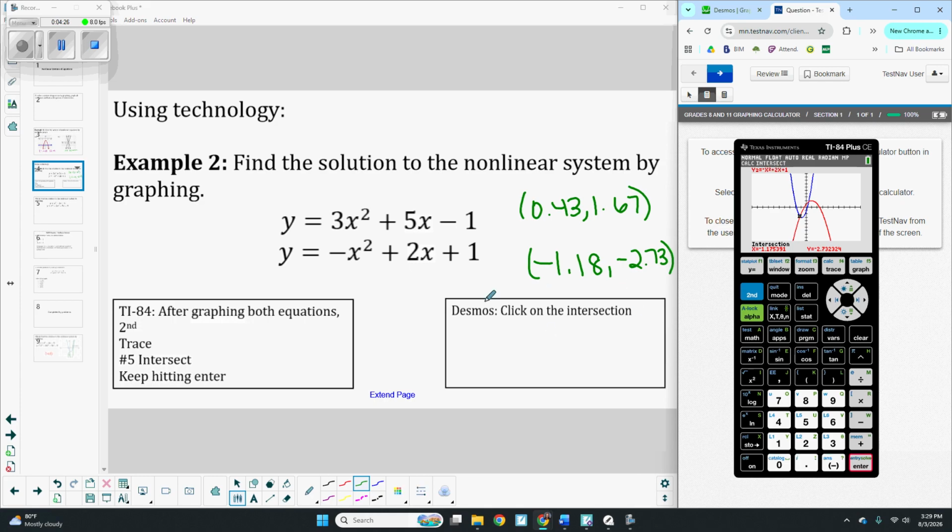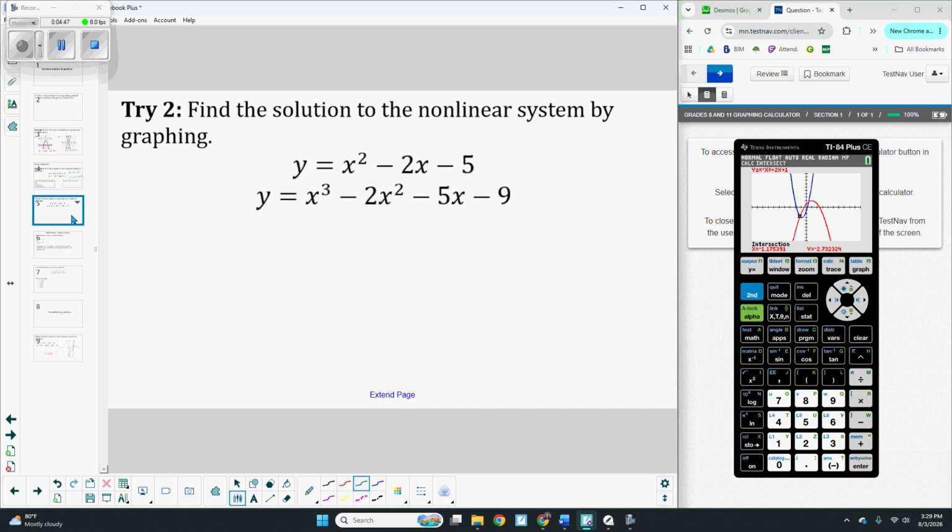So you can see it is obviously easier to do on Desmos than the TI-84. I believe you'll have both options available to you on the NJGPA. So use whichever one you're more comfortable with, or if you have your own TI-84 calculator, it's great to know how to use that.